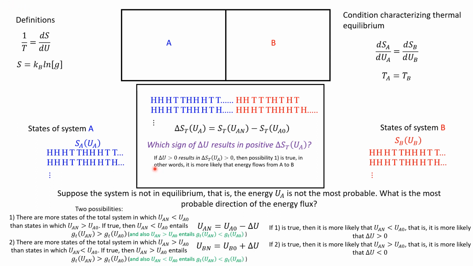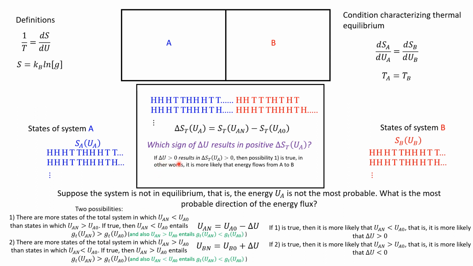So if it turns out that a positive delta U results in a positive variation of the entropy, that would mean that this condition, positive delta U, resulted in this condition, a positive variation of the entropy. Recall that if this is positive, that means that this entropy is larger than this entropy, which means that this multiplicity is larger than this multiplicity.